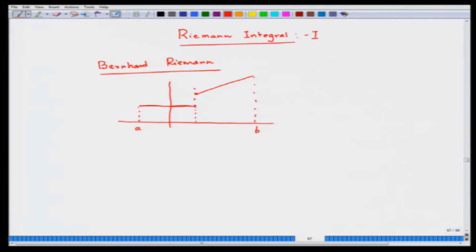You might feel it is slightly problematic at this end point, but I would say why bother, just compute the area of this rectangular zone, and the area of this one, which can also be easily computed.